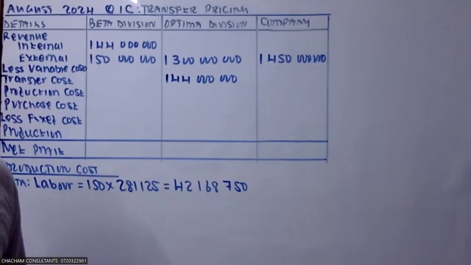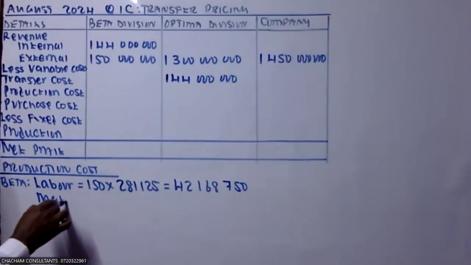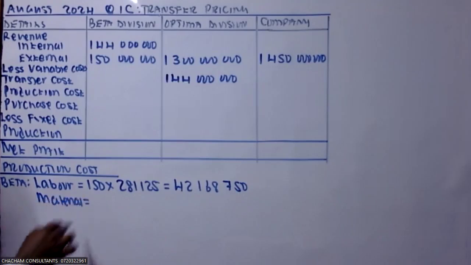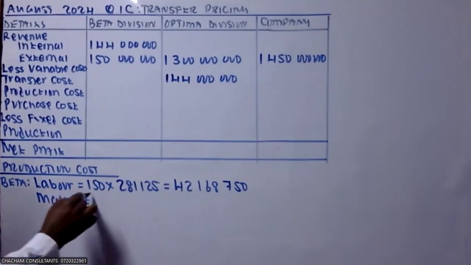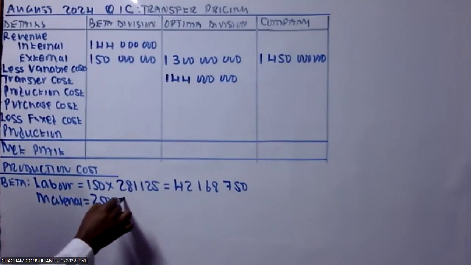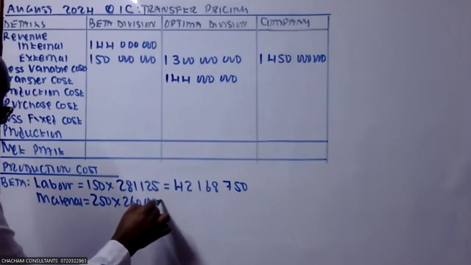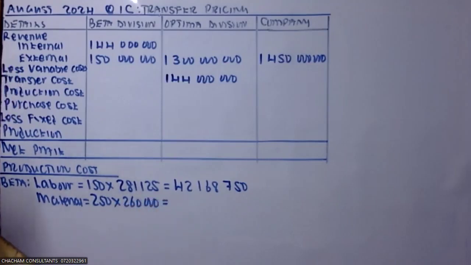The other thing is we have materials. We are told it is 250 per token meter. So it will be 250 times the 260,000. I multiply that and give me the answer.